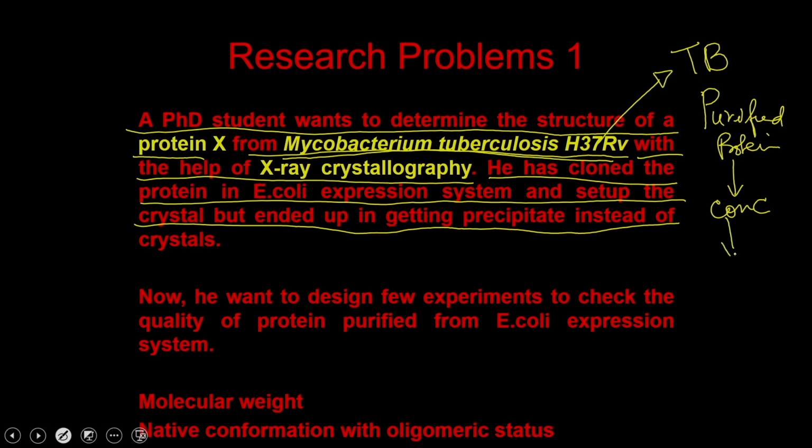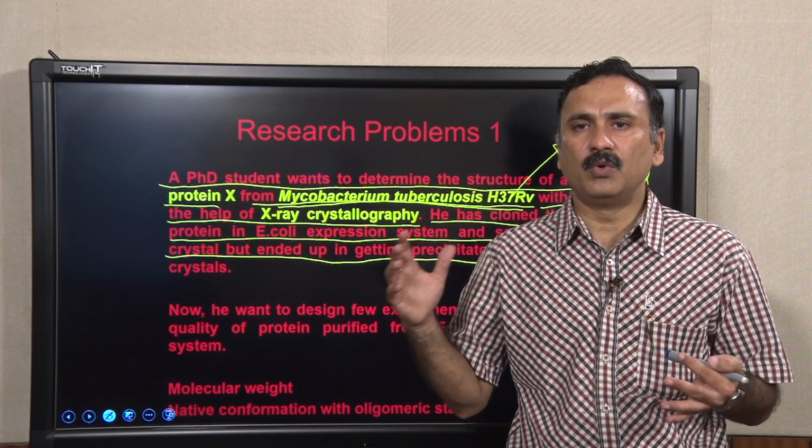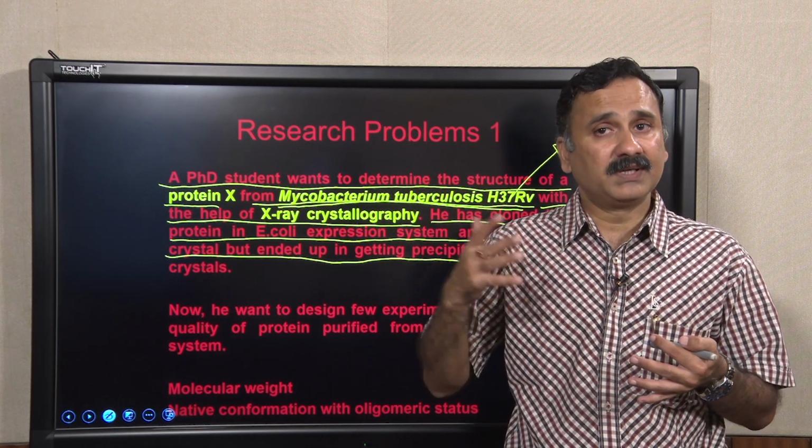Then you incubate it in different crystallization conditions, and in any of these conditions the protein precipitates in a regulated fashion, and as a result the protein crystallizes and gives you crystals.